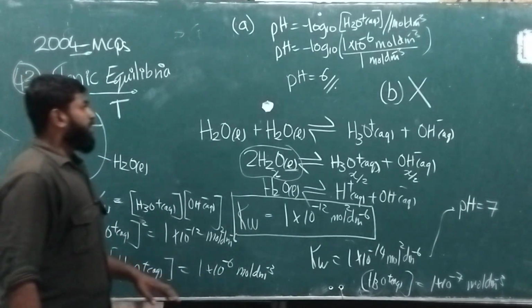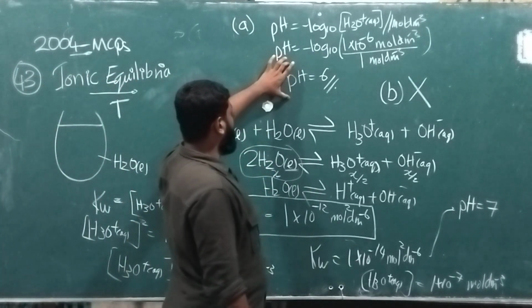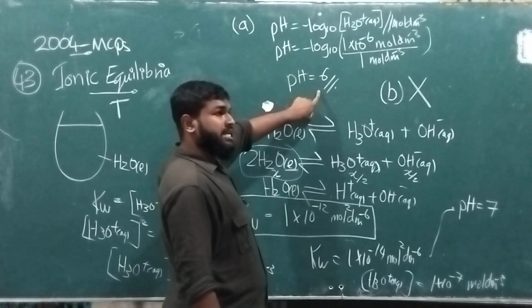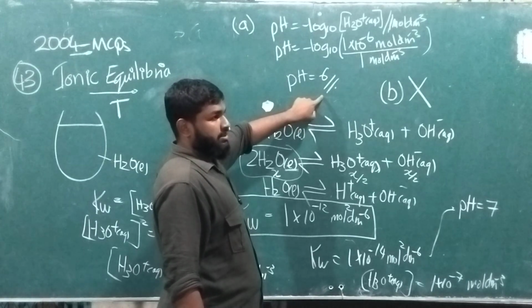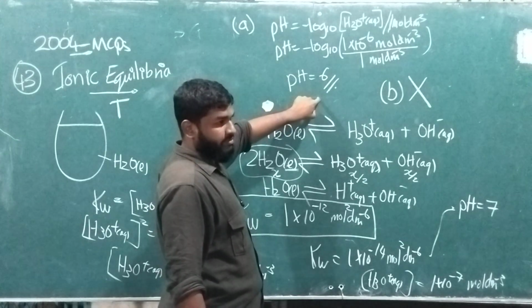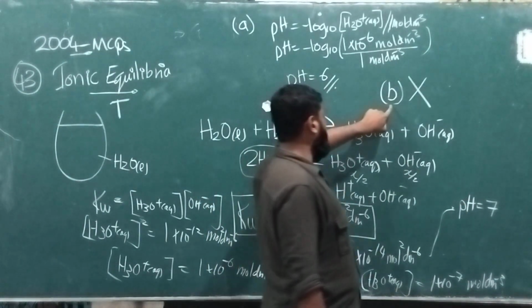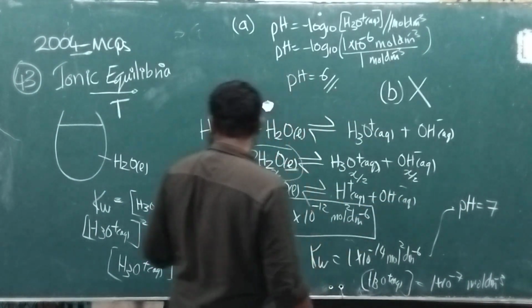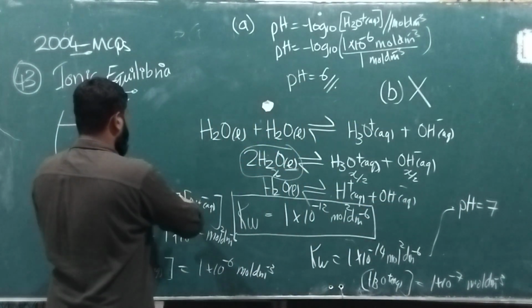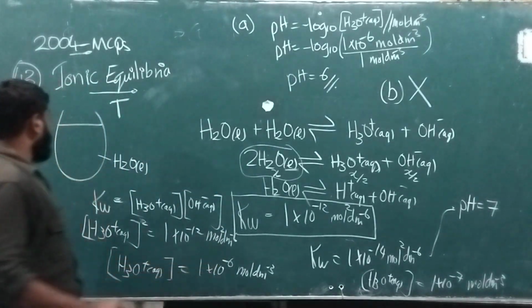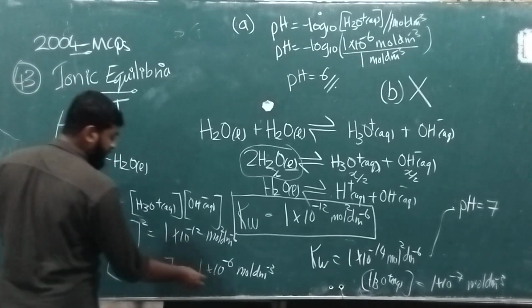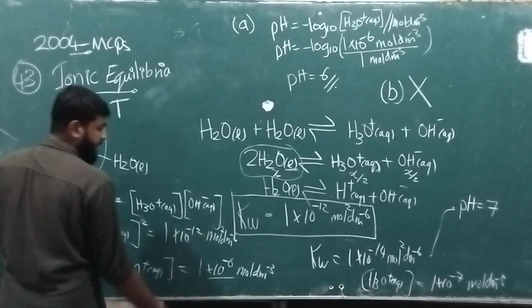So according to the argument that most of the students have said, like it can be acidic, but according to my opinion, this statement is wrong. Why? Because here you're going to have the same concentration of H3O plus and OH minus. But keep in mind, the concentration value is quite negligible.